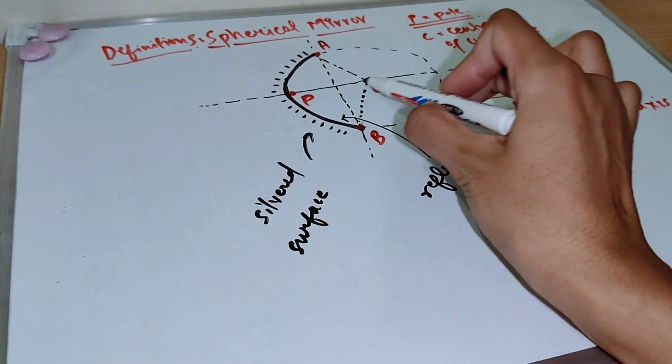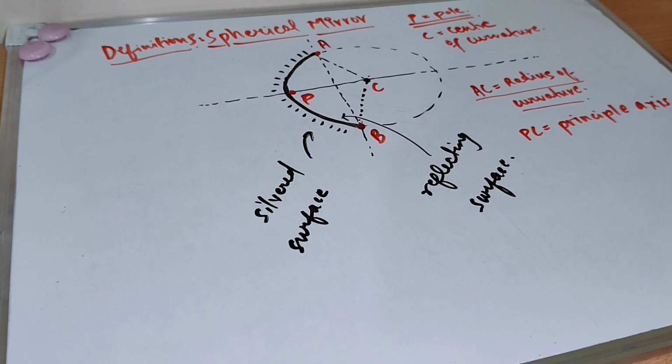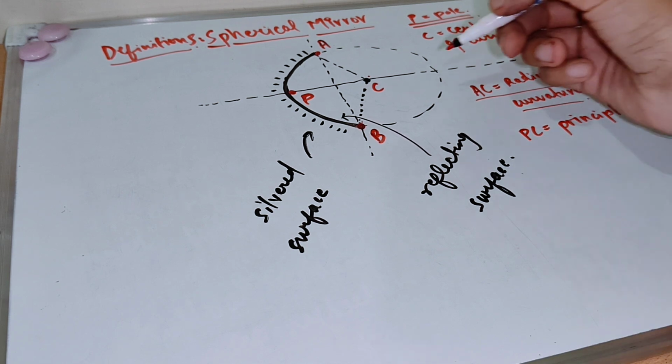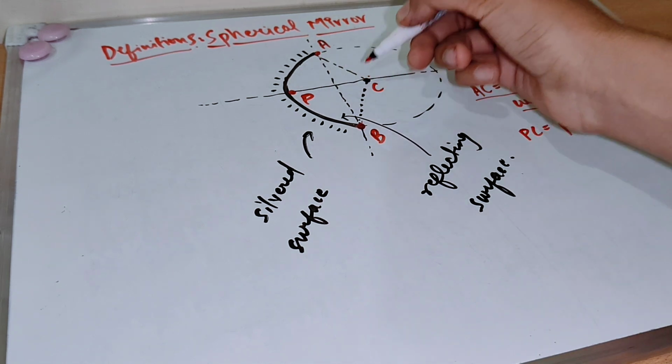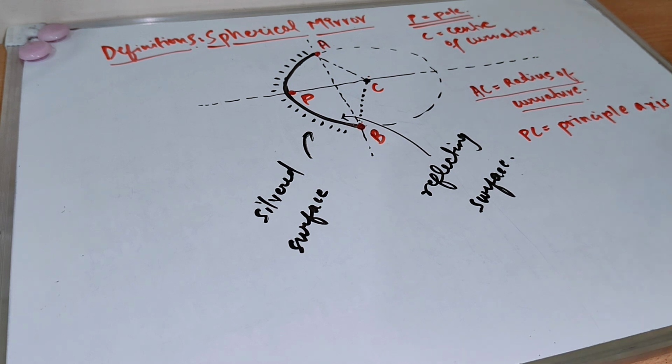Now the line PC is known as the principal axis. The line passing through the pole and the center of curvature is known as the principal axis, and we draw this axis every time that we draw the diagram of a mirror.